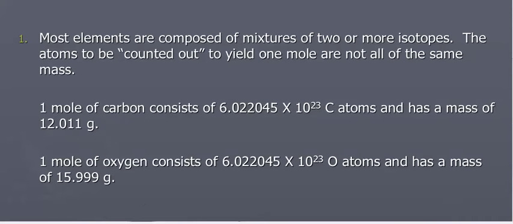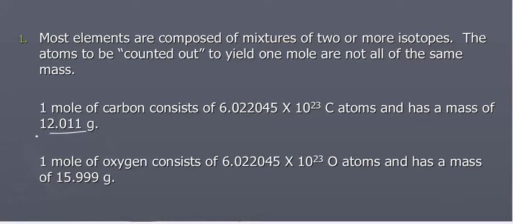However, most elements are a mixture of 2 or more isotopes. And so the atoms that are to be counted out to yield 1 mole are not all of the same mass. So 1 mole of carbon, not a particular isotope, but just 1 mole of carbon, which contains all the isotopes of carbon, consists of 6.02 times 10 to the 23rd carbon atoms and has a mass of 12.011 grams.